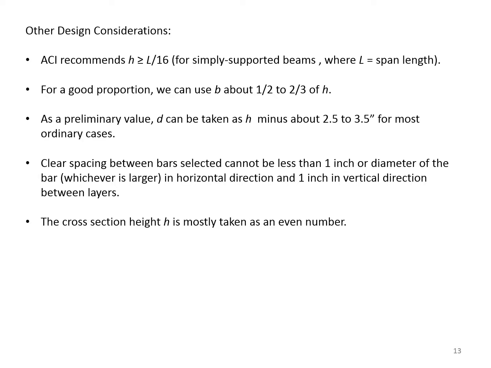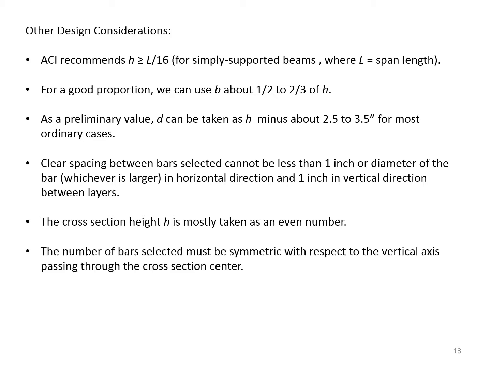The cross-section height h is mostly taken as an even number. The number of bars selected must be symmetric with respect to the vertical axis passing through the cross-section center. As a start, the stirrups can be taken as number 3 bars with 3/8 of an inch in diameter.